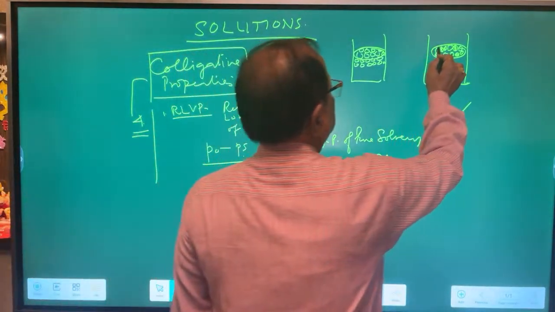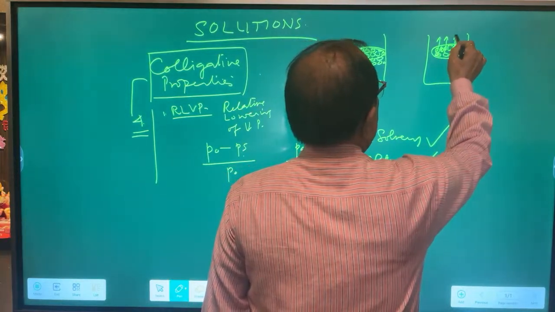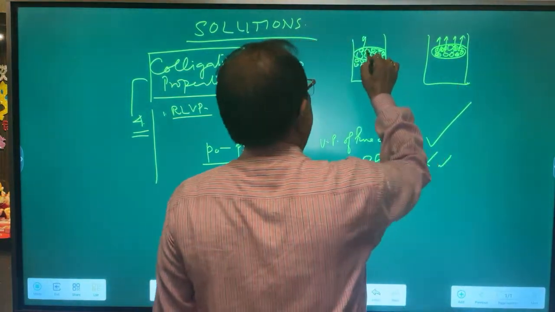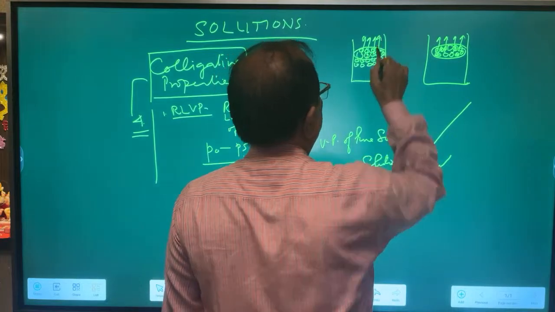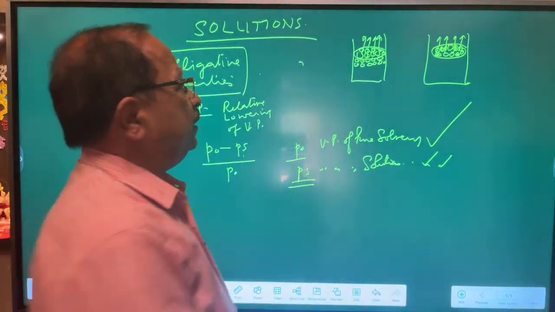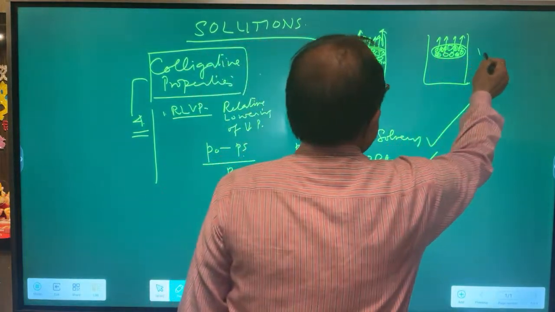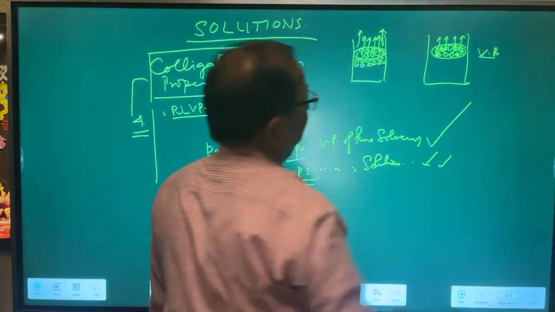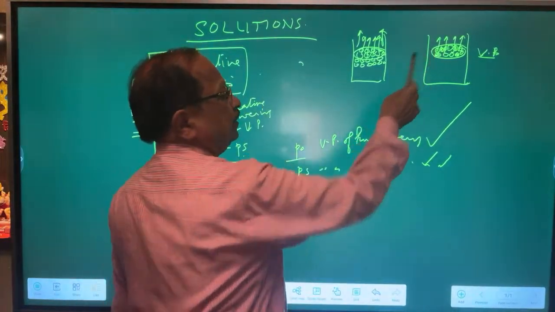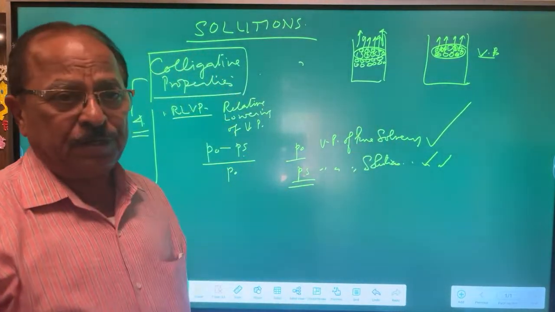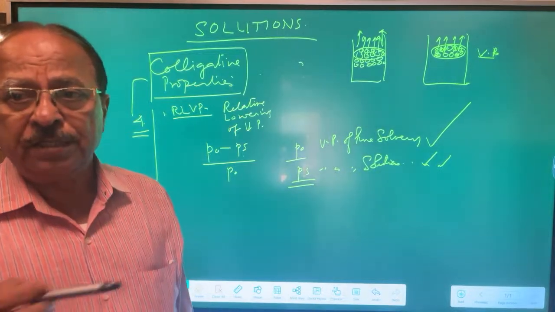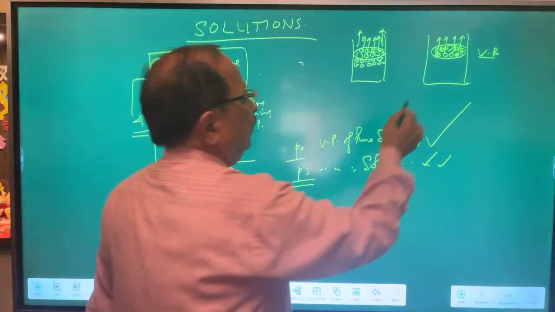Evaporation is a phenomenon which depends only on the surface. So here vapor pressure will be more, here vapor pressure will be less. Why will the vapor pressure be less? Because here the surface area has been reduced, as some sugar molecules have taken the place of solvent molecules.